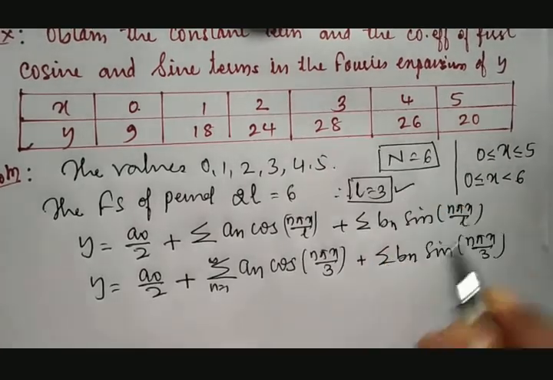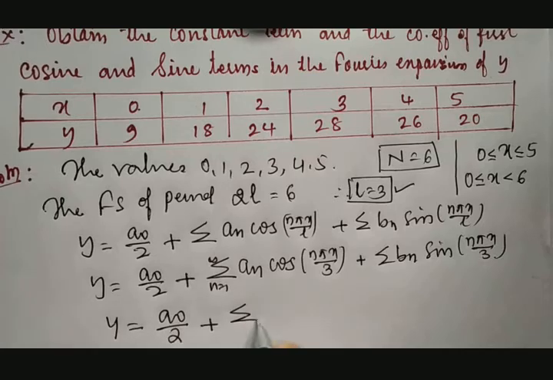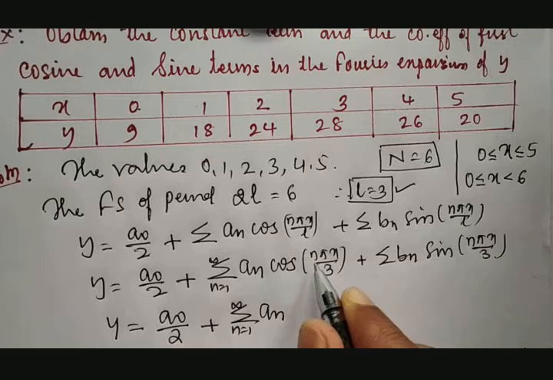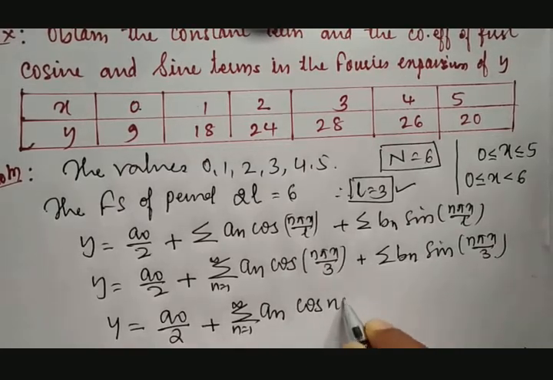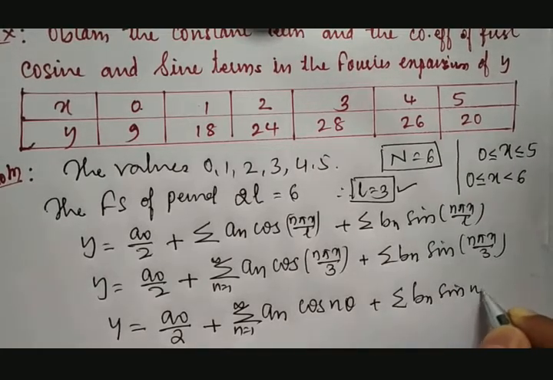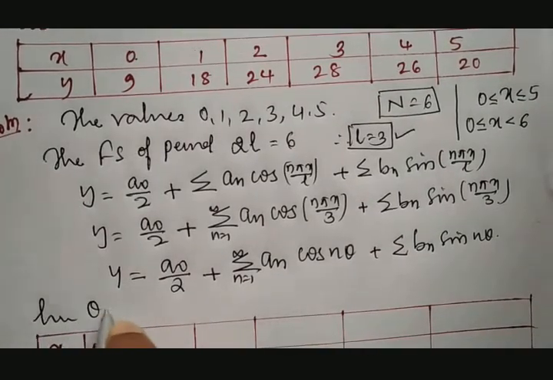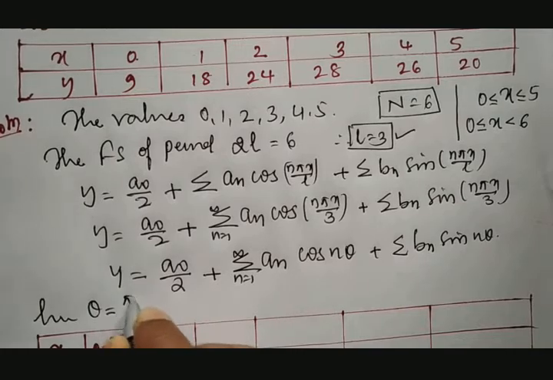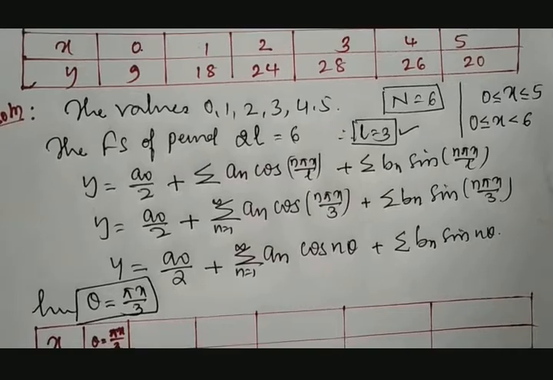Because L is 3, the entire thing except n will be treated as theta. Then it becomes cos n theta plus summation of bn into sin n theta. Therefore, here theta is equal to n pi by 3.